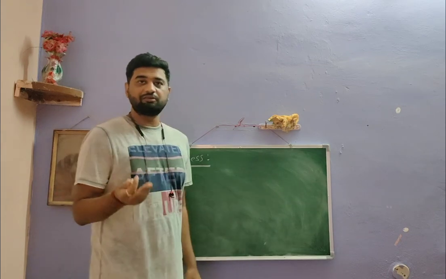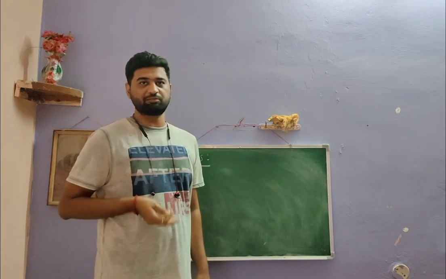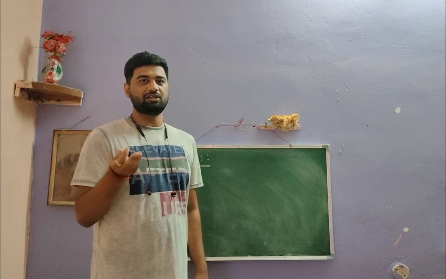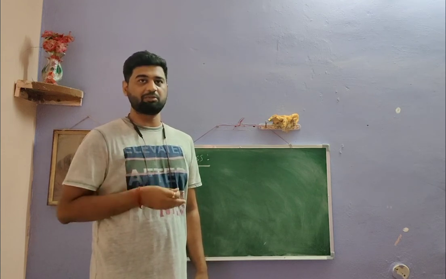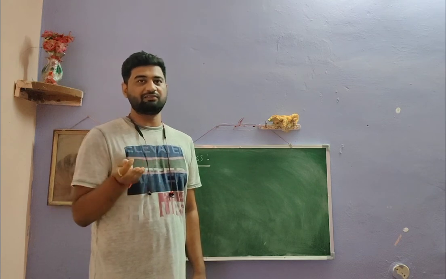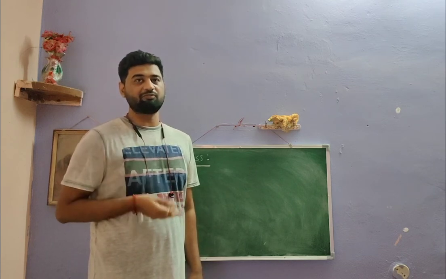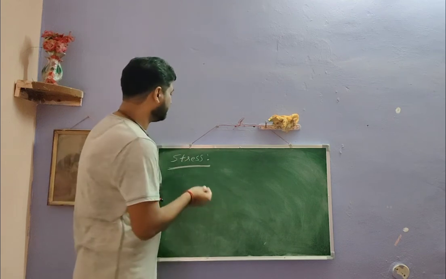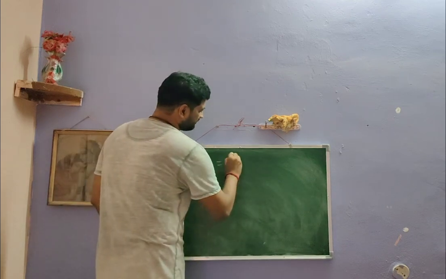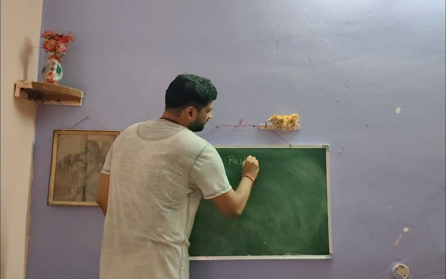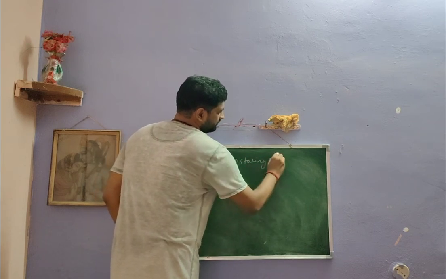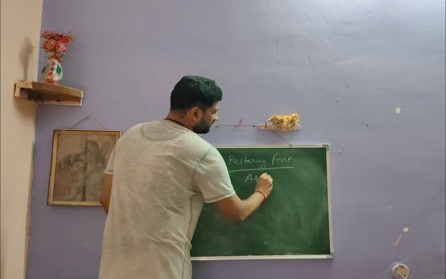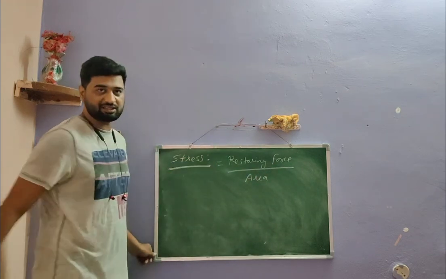Whenever force is applied on an elastic body, it will deform, and at the same time an equal and opposite force develops within the body. That force developed within the body is known as restoring force, and that restoring force per unit area is known as stress.